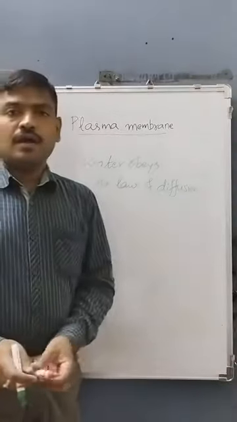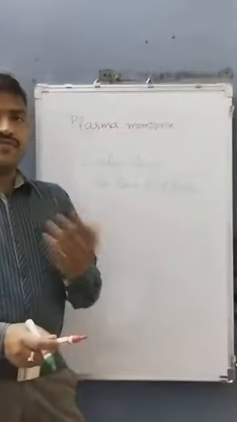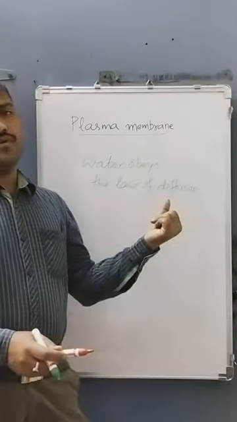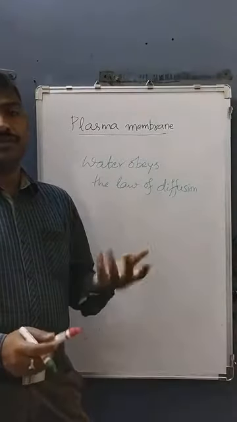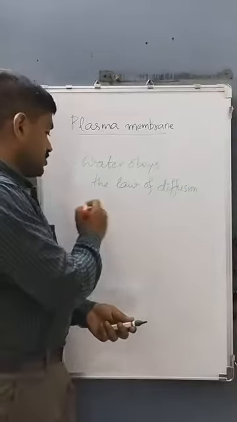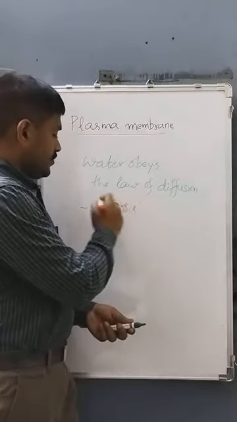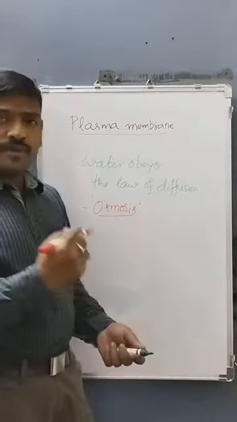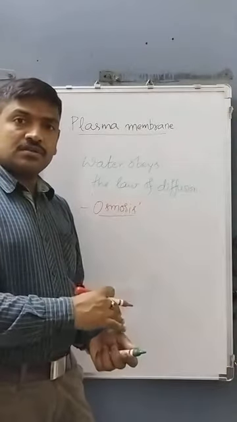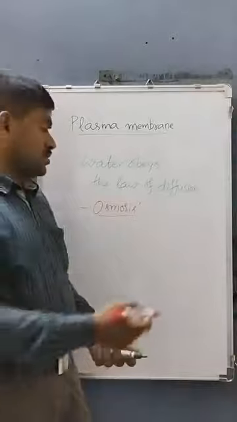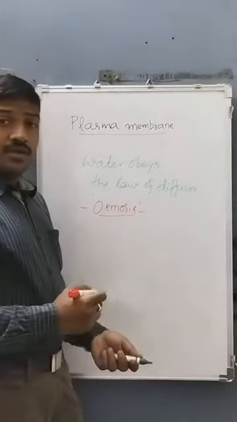But unlike the diffusion of gases, the diffusion of water is given a special term, which is called osmosis. What is diffusion? Movement of substances from the region of their higher concentration to the region of their lower concentration. And what is osmosis? Diffusion of water, simply.